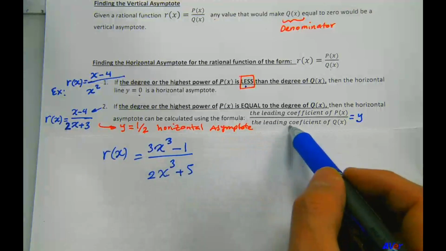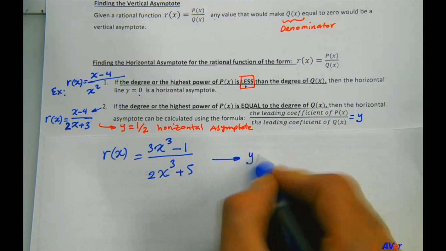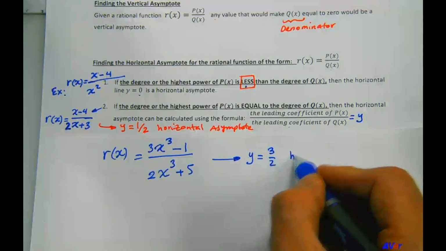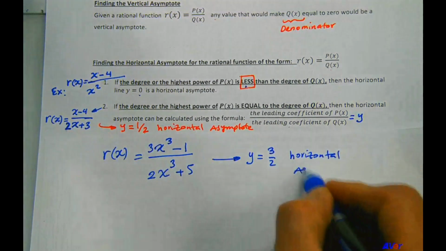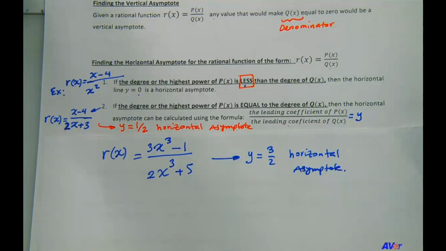So it still would be the same formula. So here, y equals 3/2 would be the horizontal asymptote.